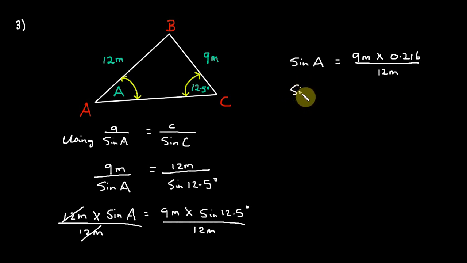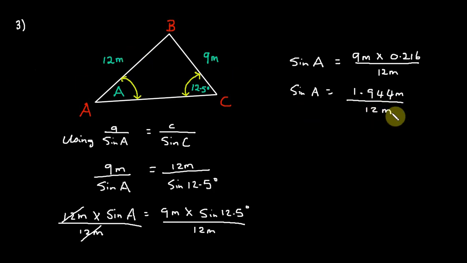Next, I'm still simplifying here, so sine A is equal to 9 meters multiplied by 0.216, which is 1.944 meters. And we divide this by 12 meters.